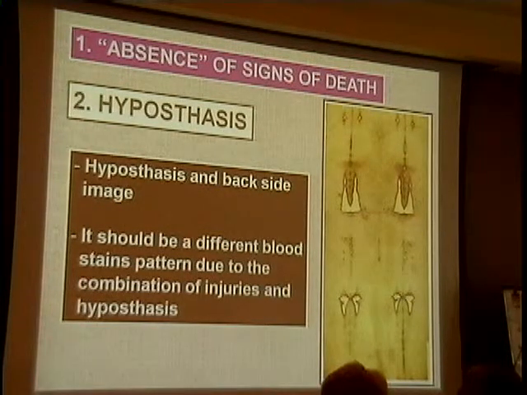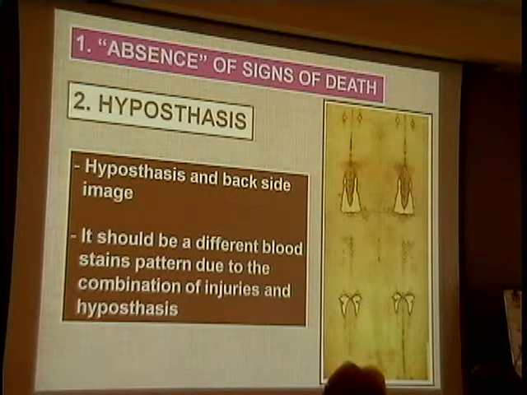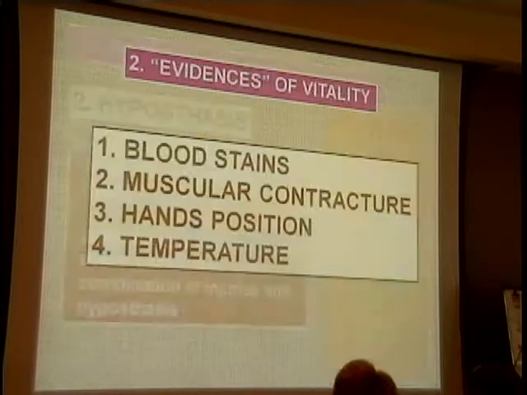Just the opposite. You see very well defined injuries with a little frame of blood. It means that it's not exactly following what should be a cadaveric hypostasis. So it's another element to consider when we talk about the absence of signs of death.